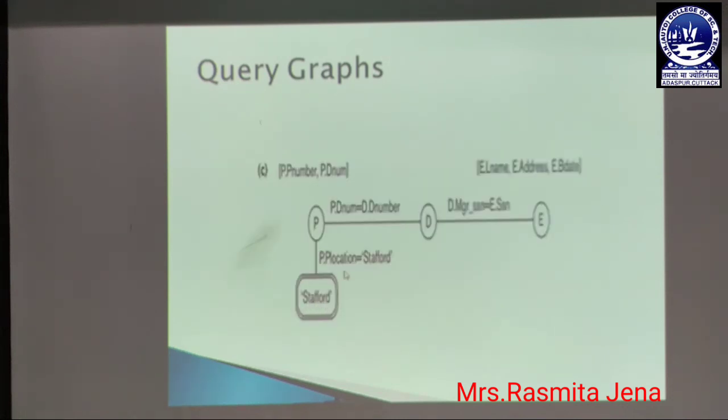For the join condition of project with department, P.D num equals D.D number, this becomes an edge of the graph. There is another join condition between the department and employee tables, D.manager SSN equals E.SSN, which is also a query graph edge. This is the overall representation of the query graph of a particular query.